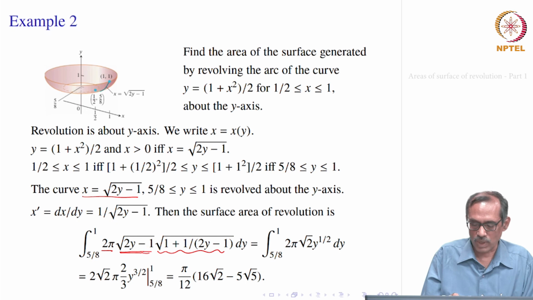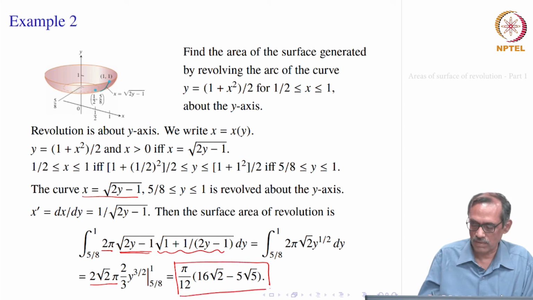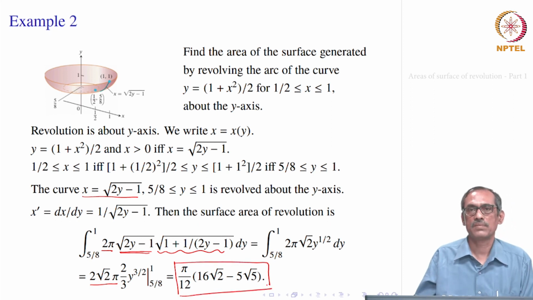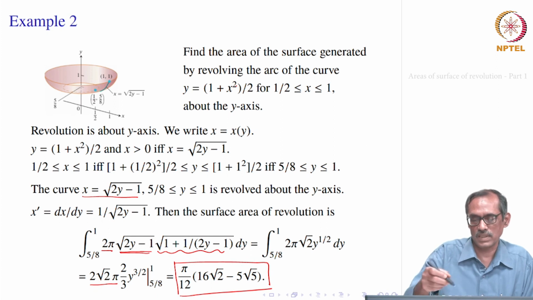So, now multiplying this 2y minus 1 inside the root, we get 2 pi root 2 y to the power half dy, and if you integrate, it is 2 pi root 2, that is 2 root 2 pi, times y to the power half gives 2 by 3 y to the power 3 by 2 evaluated at 5 by 8 and 1, and that simplifies to pi divided by 12 into 16 root 2 minus 5 root 5. So, this comes when the curve is revolving about the y axis, where x is a function of y.